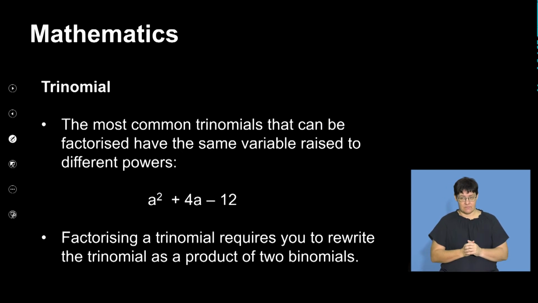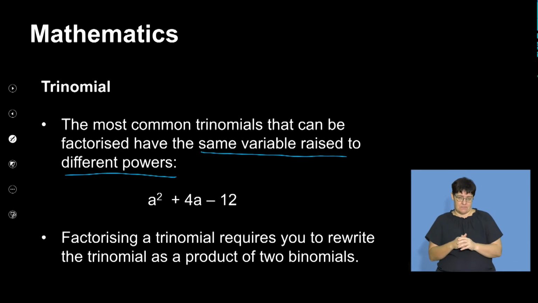The most common trinomials that can be factorized have the same variable raised to different powers, right? So you can't say you're going to factorize a trinomial that does not have the same variable using binomials. You really cannot. So I have a squared plus 4a minus 12.